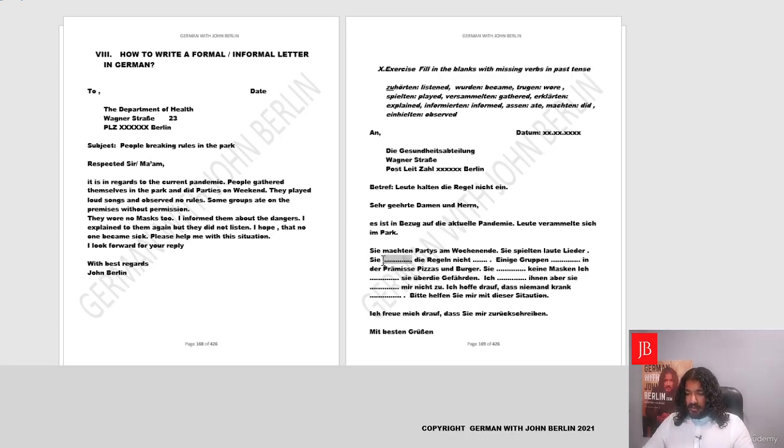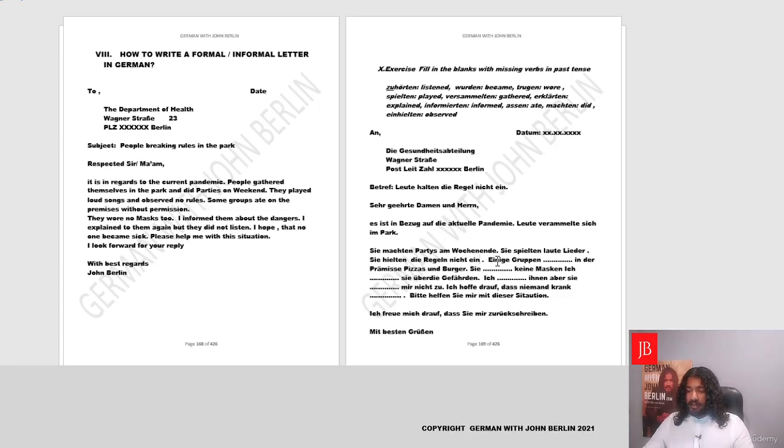Sie. It's a trennbares verb. We'll pick up the verb hielten, conjugate it for sie, and it'll be written like sie hielten. Now, what did they not follow? The rules, die Regeln nicht, and the verb finishes with ein. Perfect. Let's write ein. Sie hielten die Regeln nicht ein.